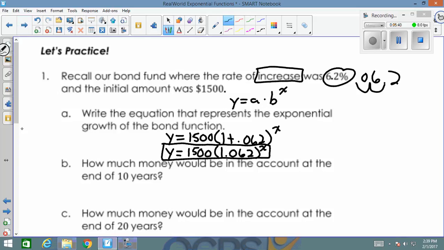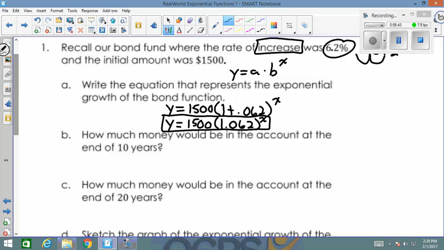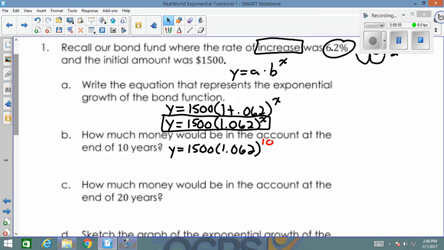Okay, it says how much money would be in the account at the end of 10 years. So y equals 1,500 times 1.062 to the x, and x is now going to be represented by 10 because we're doing 10 years. You need your calculator for this. You do 1.062, and then there's a button like x to the y or y to the x on your calculator.